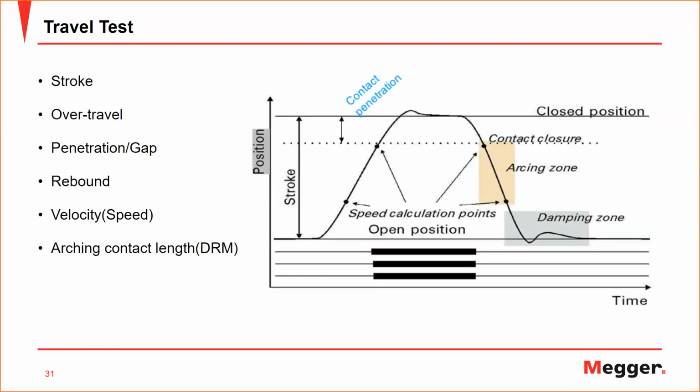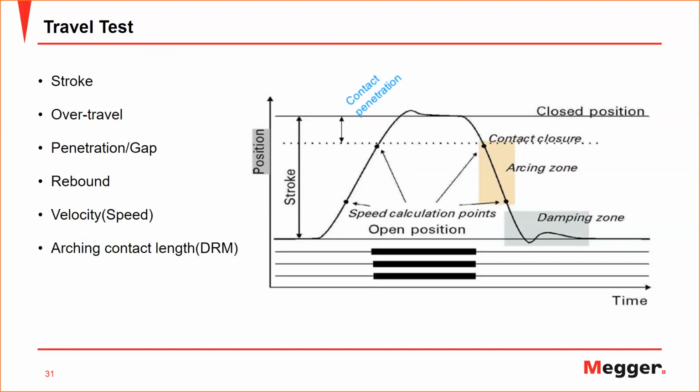Usually this stroke will tell you whether the breaker or the interrupter has traveled the full length or not. This is what we call stroke. In case of any over travel or under travel relative to the full specified value, we can check it in the under travel parameter.